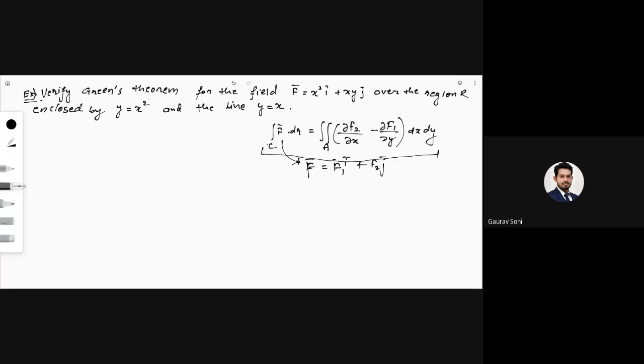So first thing that I will have to do is draw this curve. You have the x-axis, you have the y-axis. y equal to x square is a parabola like this. If you don't know how it is, you can simply put in some values. You put x equal to 0, you will get y equal to 0.